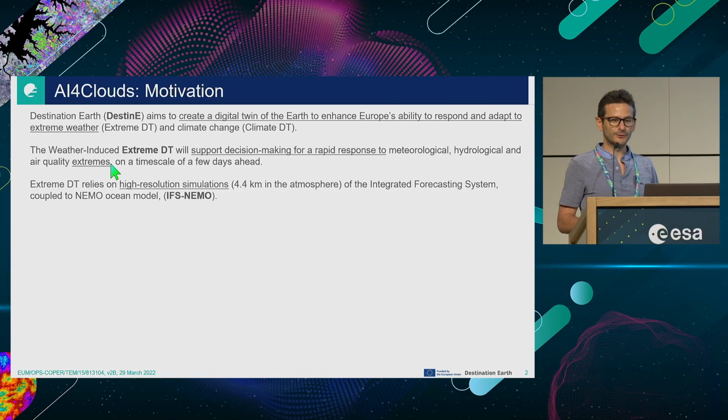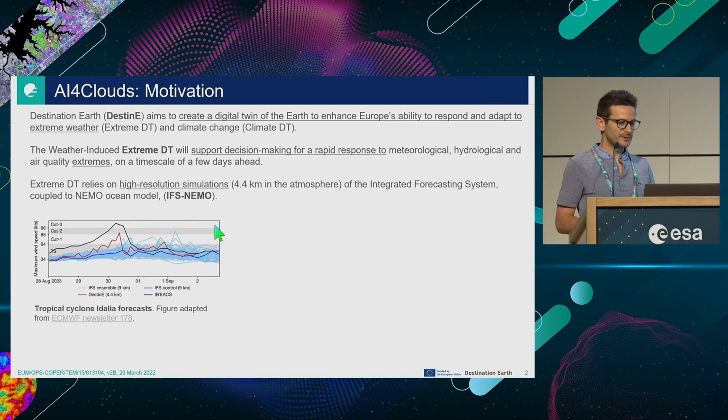It may be due to meteorological, hydrological, or air quality reasons. And these simulations are high resolution. They explicitly resolve deep convection, which is very important for clouds. And it's the IFS-NEMO system. It's developed by ECMWF and also operational AI by them.